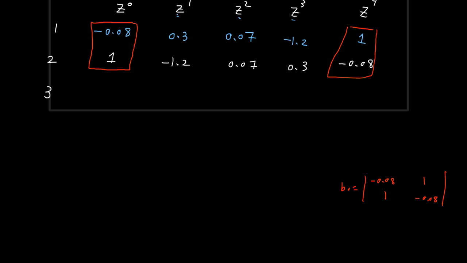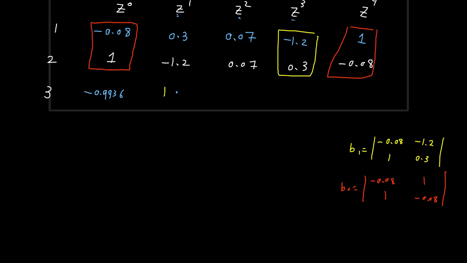Now if we do the math, this will equal minus 0.9936. Now if I need to calculate this element here, those pivots are fixed. I need to take the element here. So B1 will equal the determinant of minus 0.08, 1, minus 1.2, 0.3.